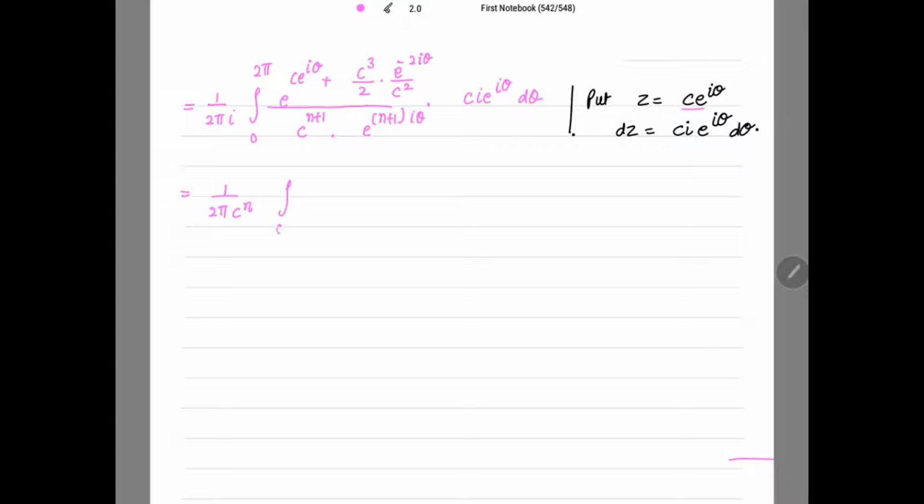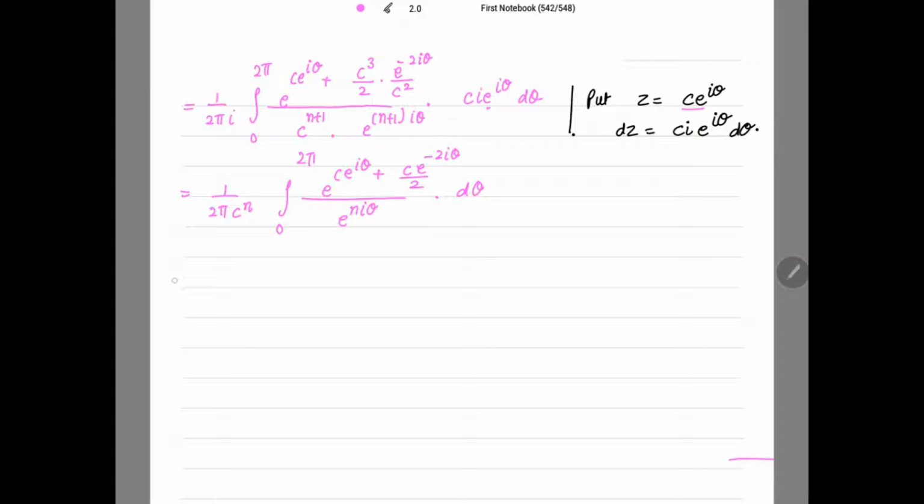In the next step, 1 over iota cancels, and this will be 2 pi c to the power n, 0 to 2 pi, because c is also cancelled with the numerator. So this is e to the power c e to the power iota theta. Again we have to cancel c square. We get c e to the power minus 2 iota theta over 2. And in the denominator we have e raised to the power n iota theta. e raised to the power iota theta is also cancelled with the numerator.